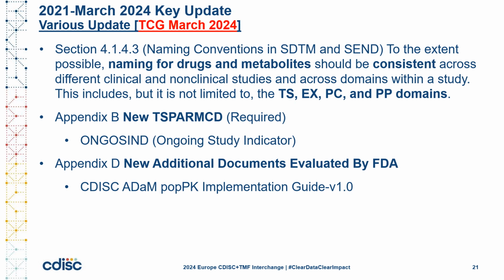And also the reference of relatively new guidance, ADAM guidance for POP-PK, among other additional standard guidance that are considered by the agency in line with the current agency business needs. Check also that, surprisingly, I didn't notice it before, but for example, the ADAM OCDS version 1.1 is not among the standards that FDA considers in line with current business needs.